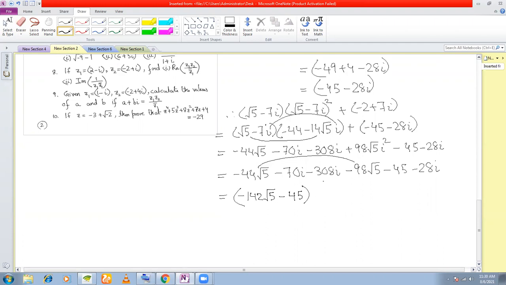And if you add the i's together, this is plus 308i. Yes, this should be plus 308i, because when you're multiplying these two, the minus signs are going to combine to give you a plus. Okay, so if you add up the i's, you'll get 210i. And that is your answer.